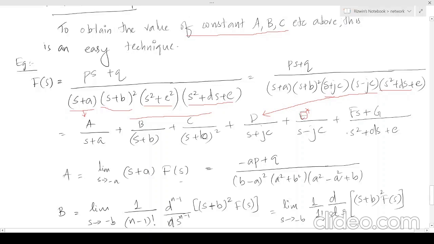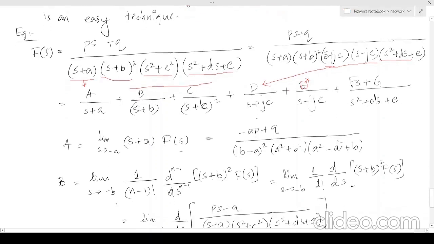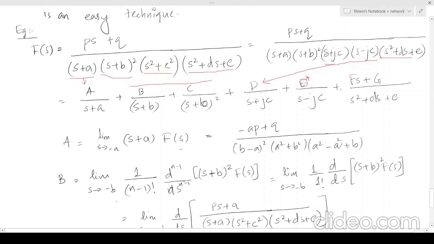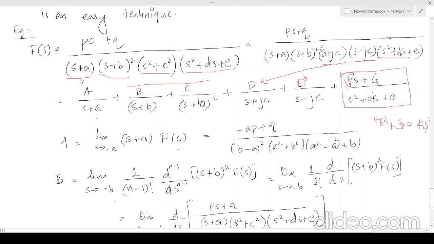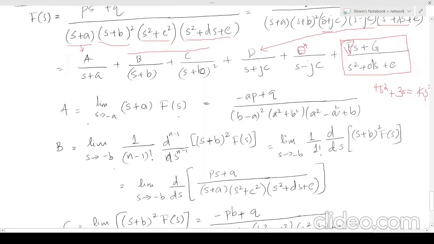So using the Heaviside method, you could find the coefficients A, B, C and D easily. That's how we are going to find the value of the constants A, B, C, D, etc. That's more important.